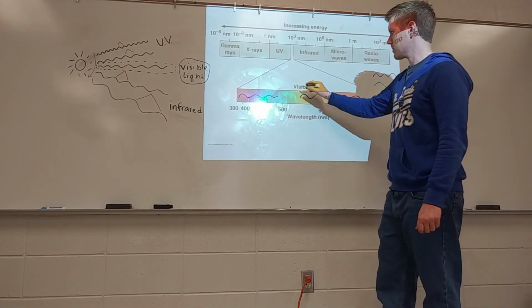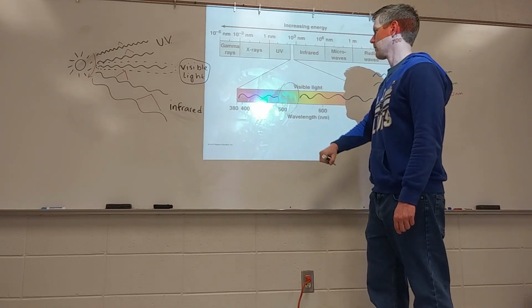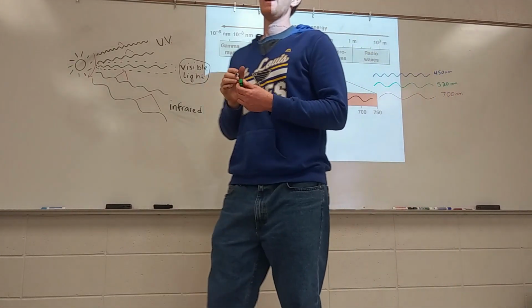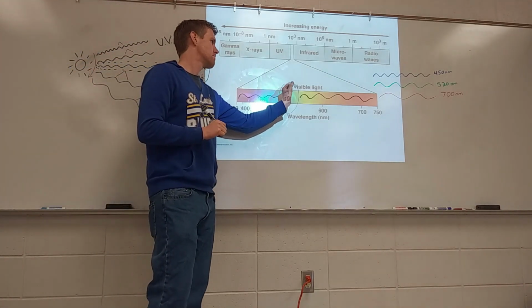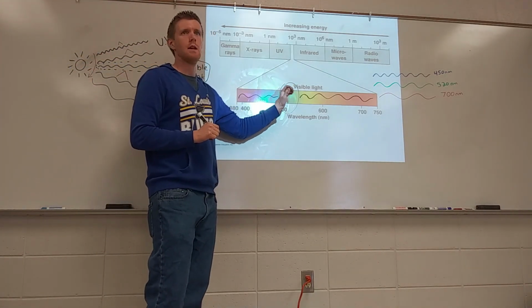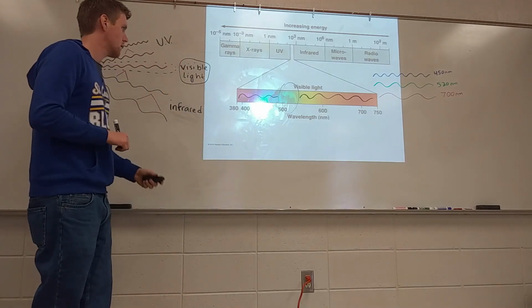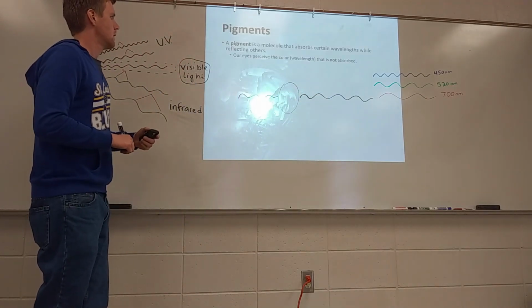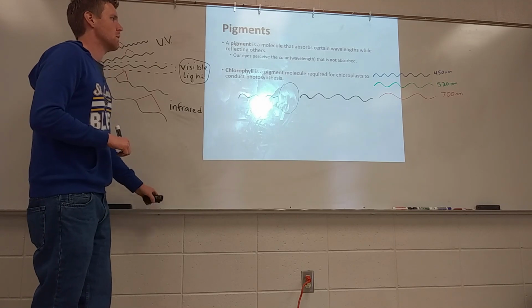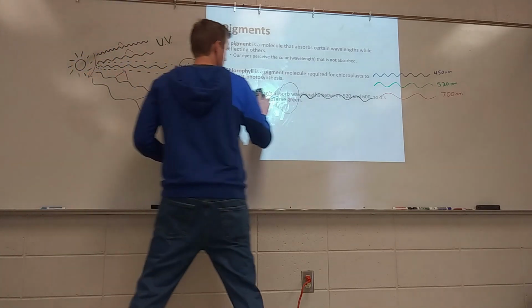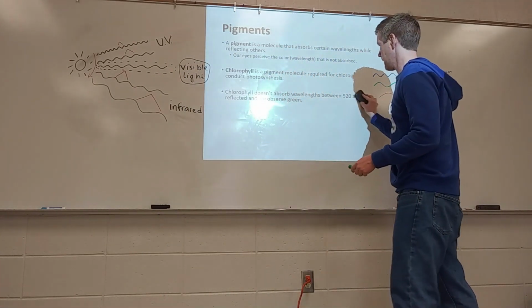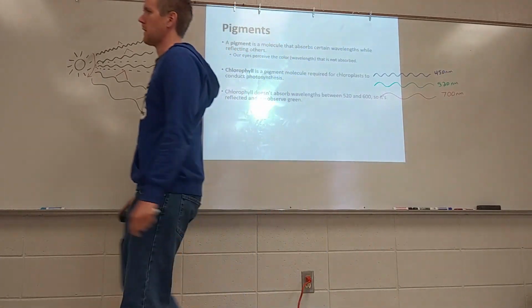The weakest absorption is going to occur in this general area, which means most of that gets reflected. We see what gets reflected because chlorophyll poorly absorbs green light. Chlorophyll is a pigment molecule that actually harnesses light, and chlorophyll does not absorb wavelengths very well between 520 and 600.